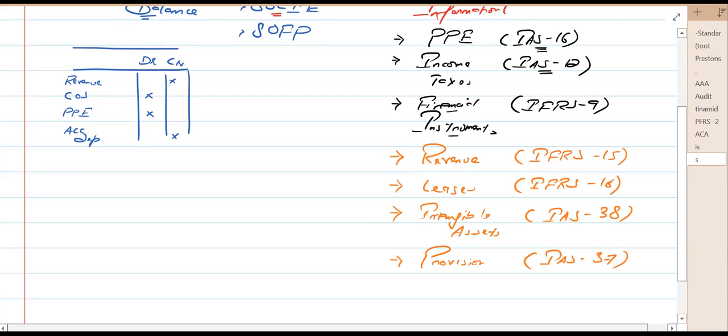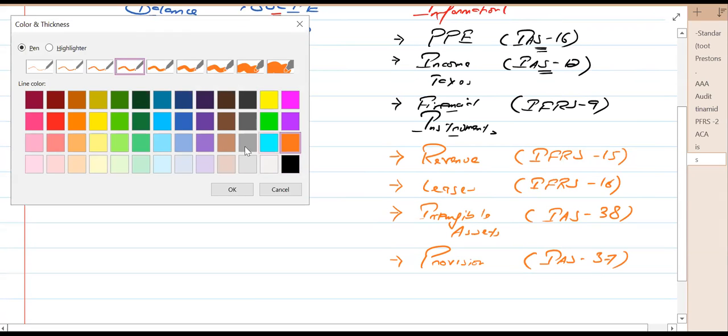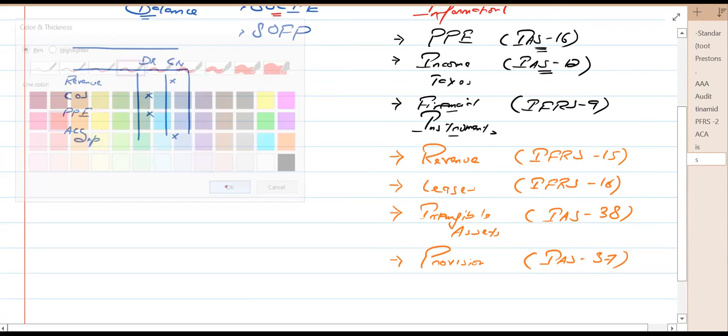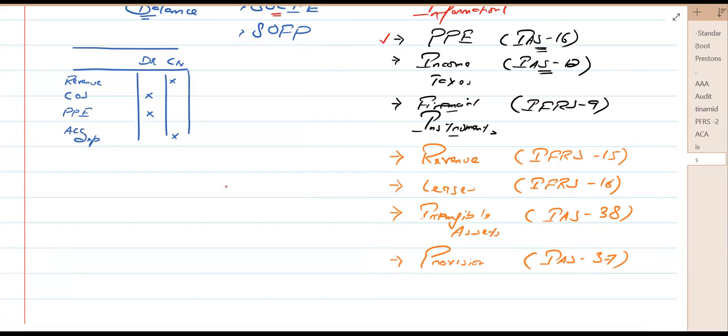But the regular ones, which are always tested, are the ones over here: property, plant, and equipment, income taxes, financial instruments, and then we have the revenue, leases, and intangible assets. So we are going to discuss them one by one.